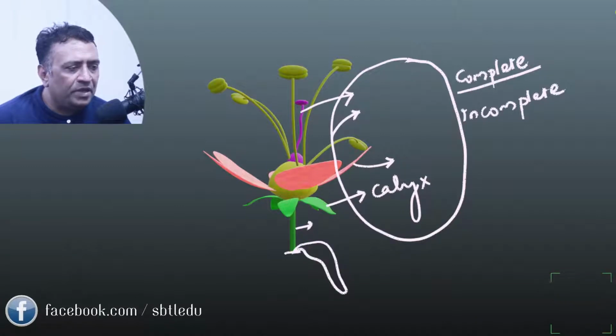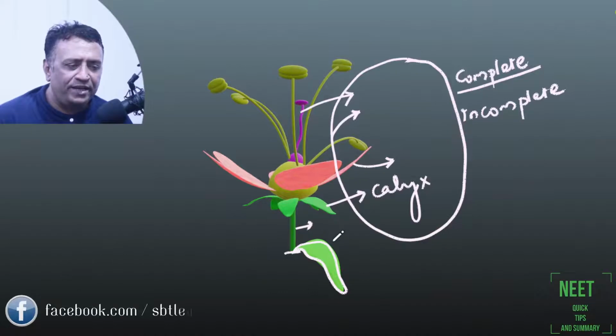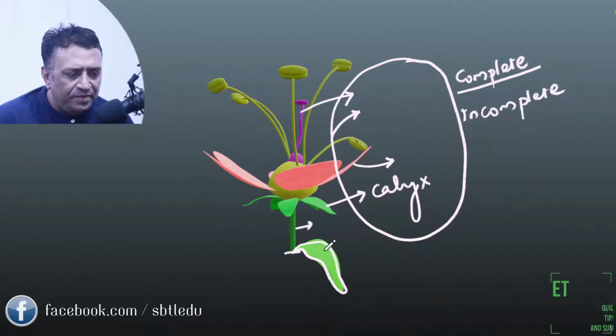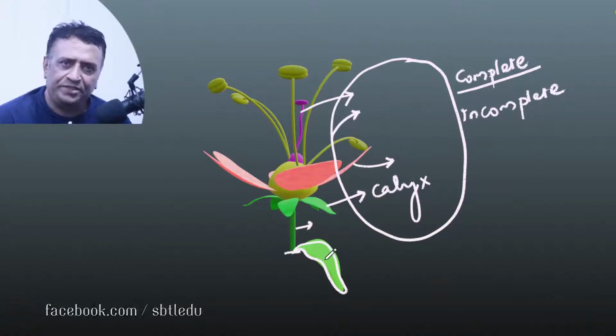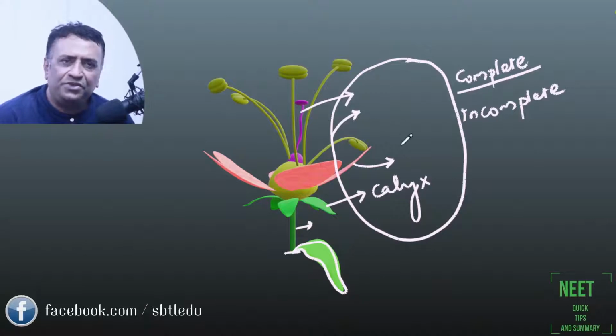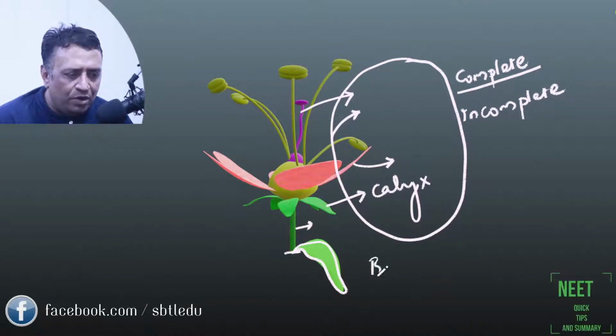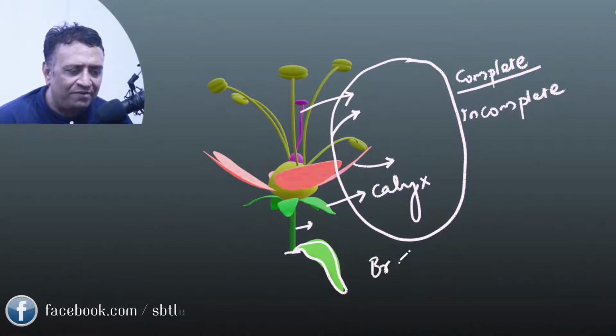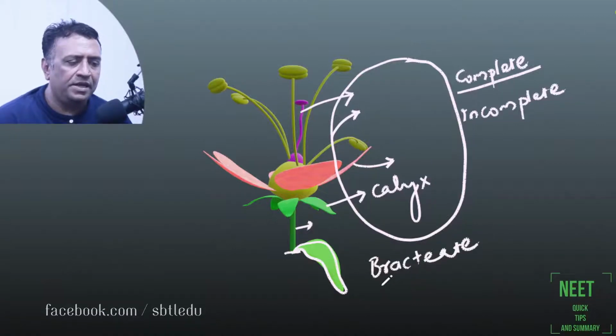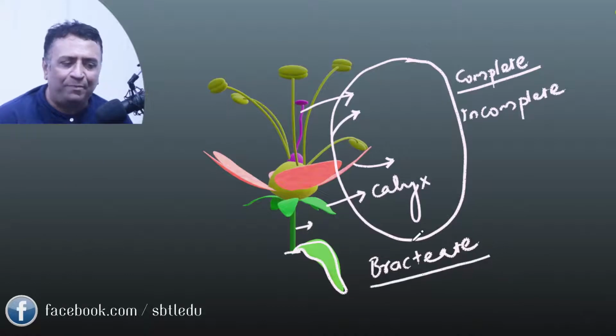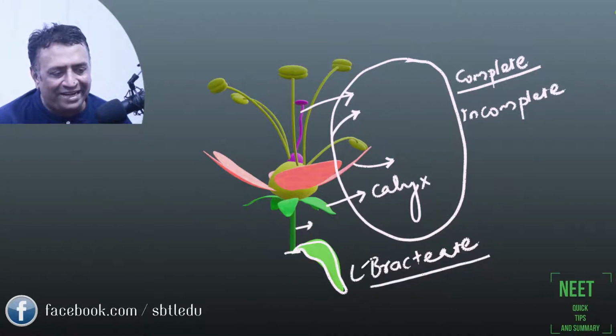See, this green structure, what you are watching here on the screen, this one is bract. Flowers which have bract are called bracteate flowers. And flowers which lack bracts are called ebracteate flowers.